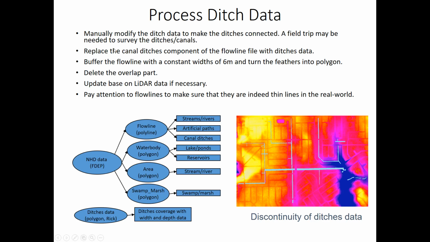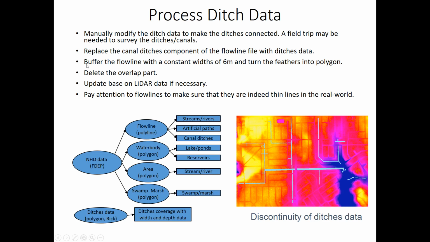So you have to do it manually, and sometimes a field trip may be needed to survey the ditches or canals. If you can have somebody local, they can probably drive you through, and you have the information you need. And then you can replace the canal or ditch components of the flow line with the ditch data that you get from the local government agency or utility company.